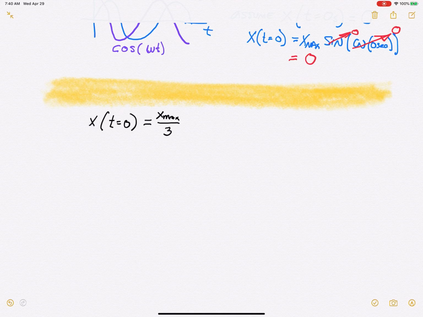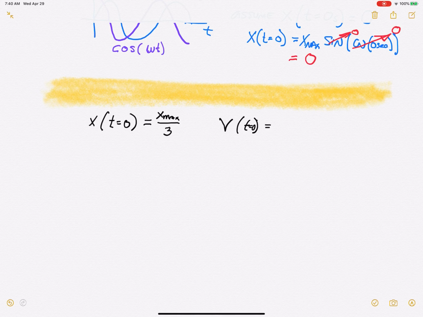Then what we typically get is the velocity as a function of time at t equals 0, which will give you a specific value.